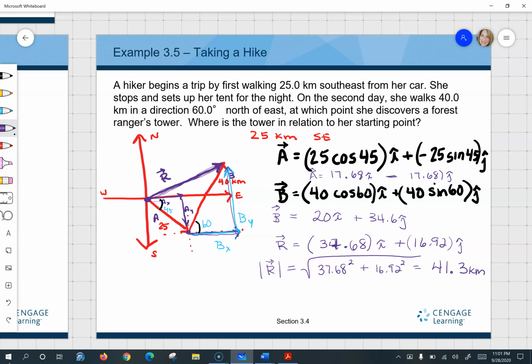And then I can figure out the angle that it makes with the x-axis, and we know that we're going to use the inverse tangent of 16.92 over 37.68. And I got an angle of 24.2 degrees.